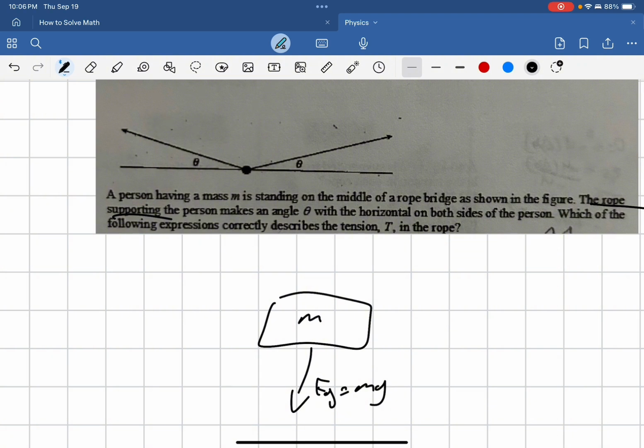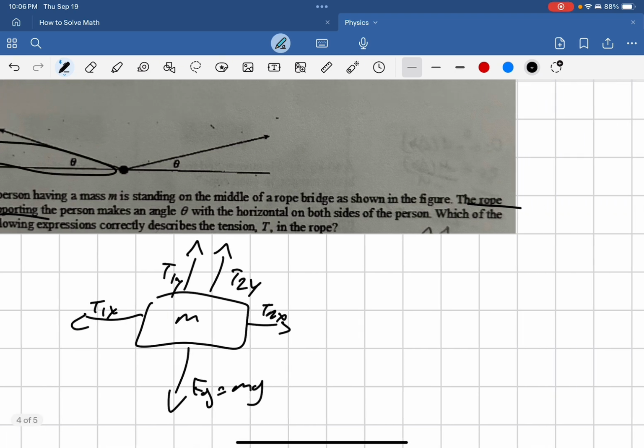They look equal, so T2 and T1 are going to be the same size, and then we have T2y and T1y, and T2x and T1x, because it is slanted like a triangle.